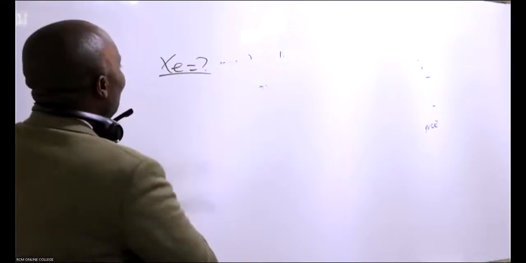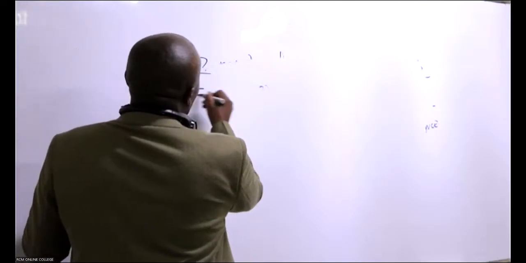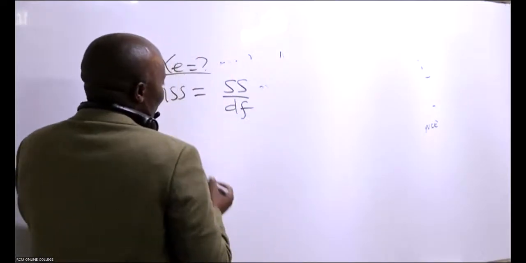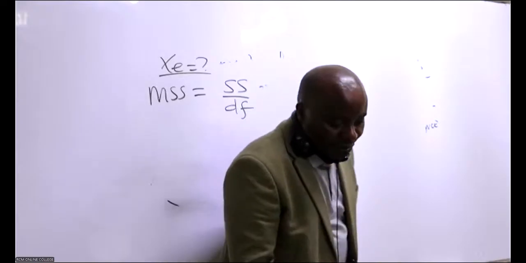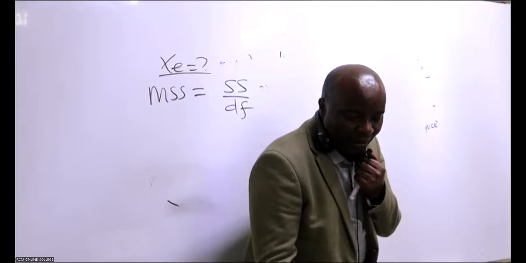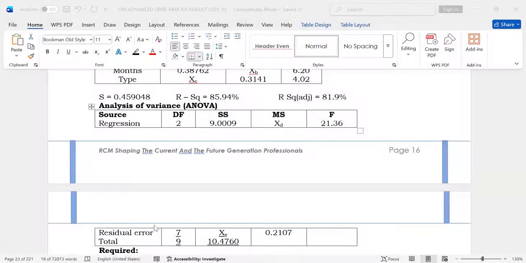MSS equals SS over degrees of freedom. In this row where we have XE, I can see the degrees of freedom column has 7. I can see sum of squares is XE. Mean sum of squares, what do we have there, somebody? 0.2107. So it's about plugging in.